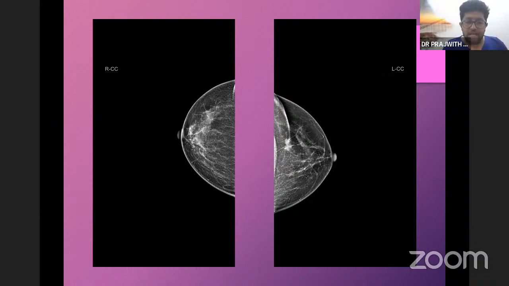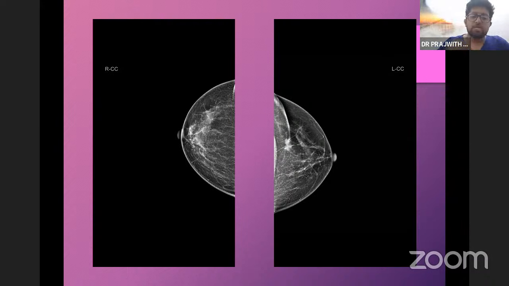If there are any other features favoring malignancy, like fine calcification, architectural distortion, or skin thickening, then you favor malignancy. And whenever it is a mass, you describe the surface, the margin, the density and size, and that's how you divide it into a benign or malignant lesion.